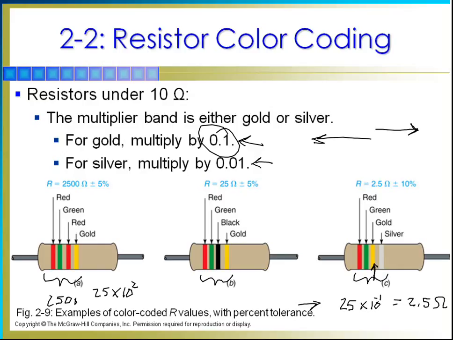So you see in the third position, gold is either multiplying by 0.1 or silver is multiplying by 0.01. So we're able to go lower than 10 ohms and still use a color code to give us the value.